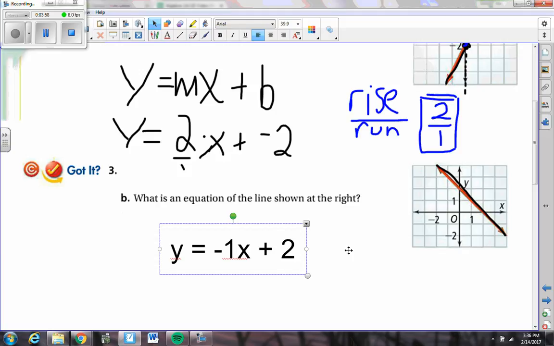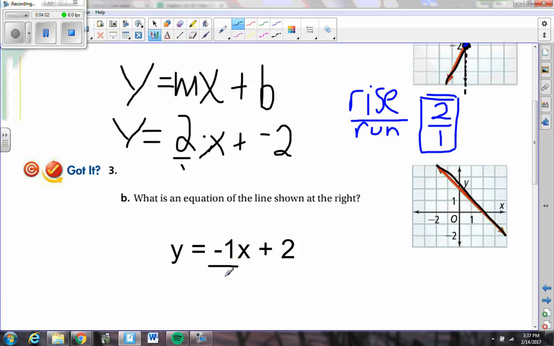So it turns out to be a -1 over 1. So that's writing equations from a graph, identifying the y-intercept number, and identifying the slope going from one point to the next, down and over or up and over, rise and run, as we mentioned before.